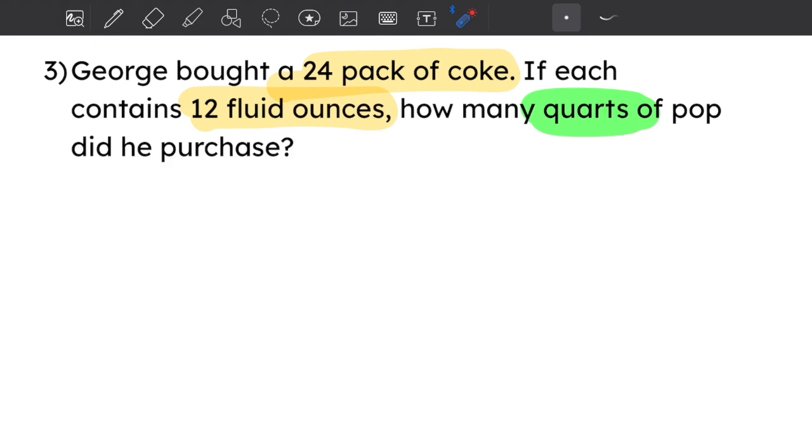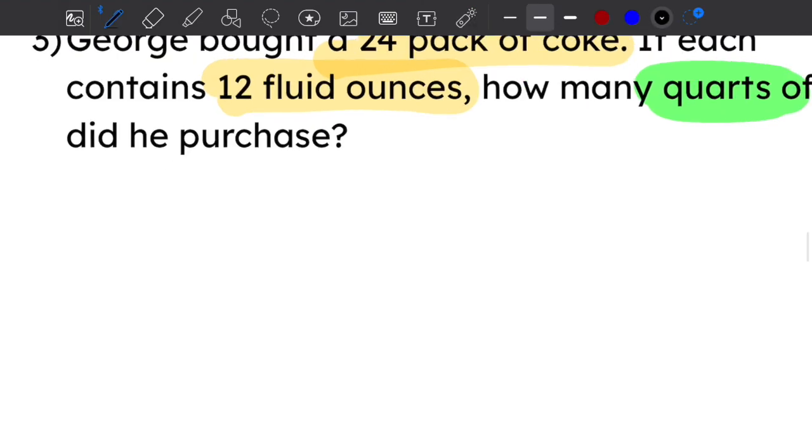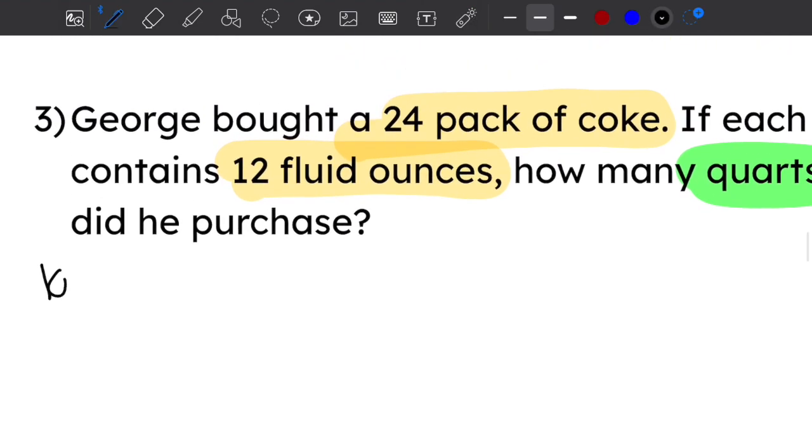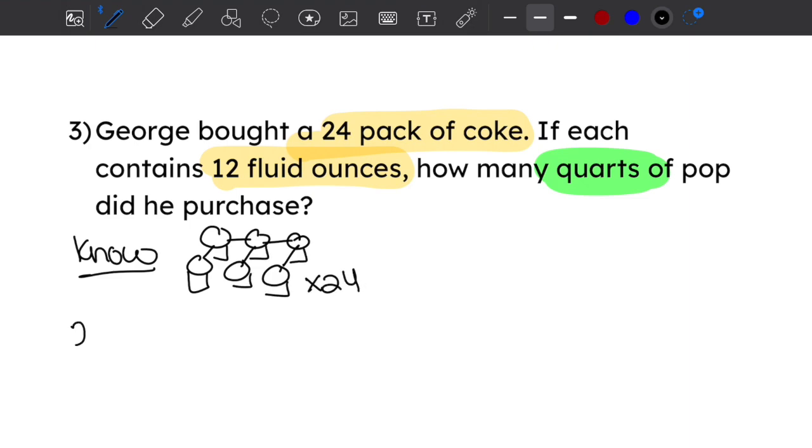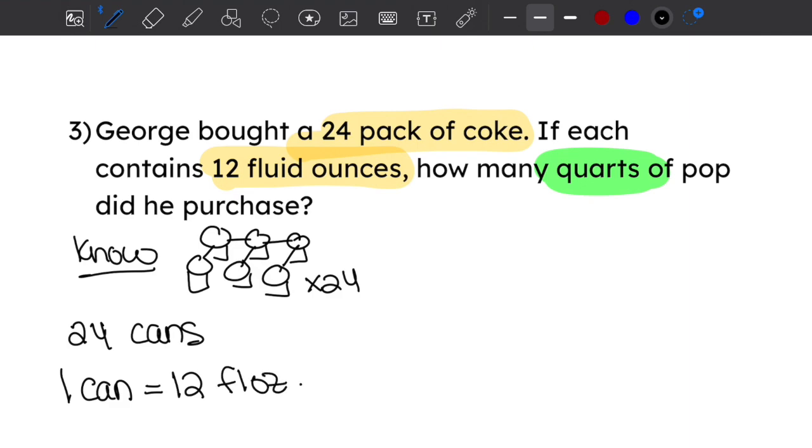So let's start with what we know. We know that George bought a 24 pack of Coke. I'm not going to attempt to draw 24 cans of Coke, but let's just use this to visualize. These are the cans of Coke, and there's 24 of those. We know that one can has 12 fluid ounces.